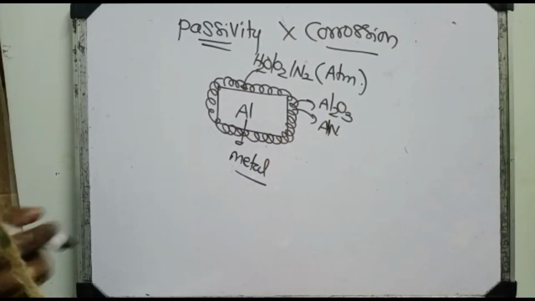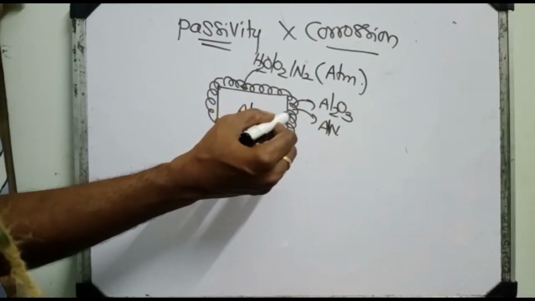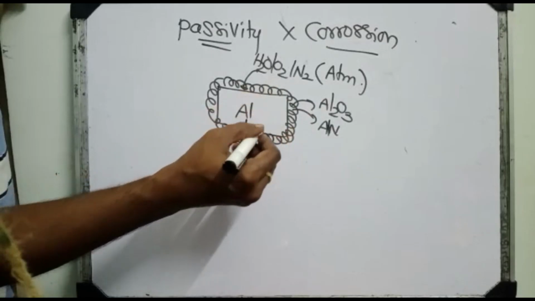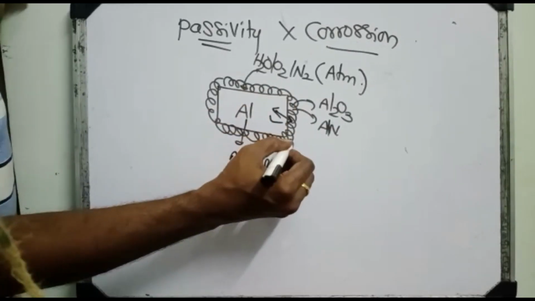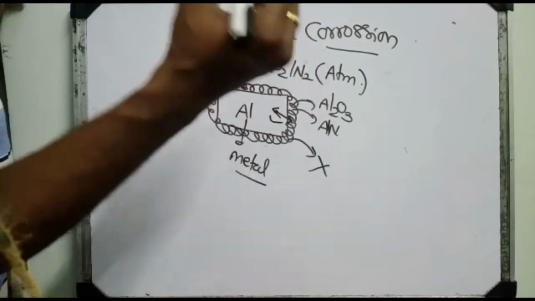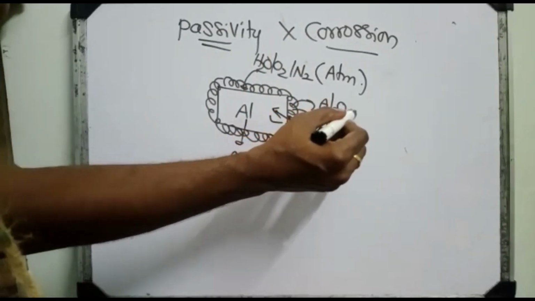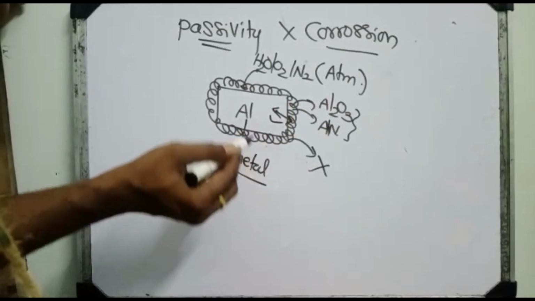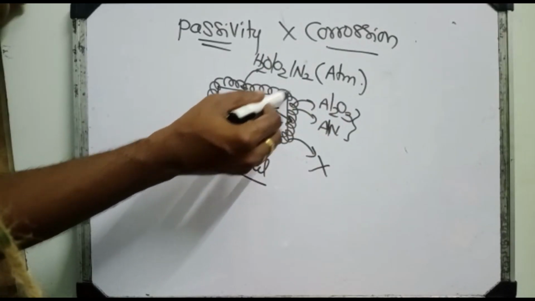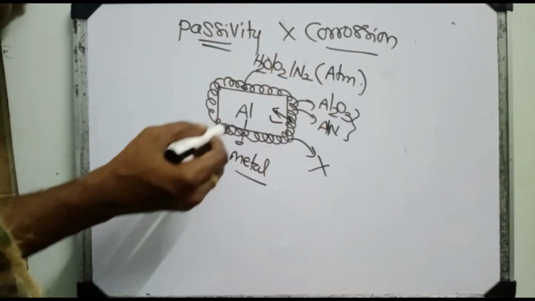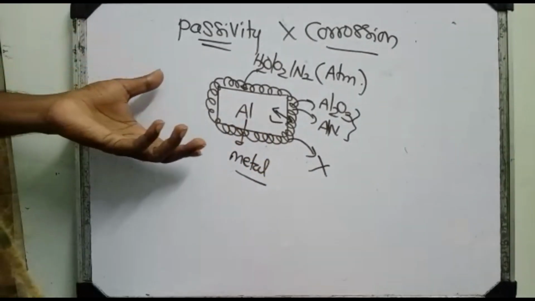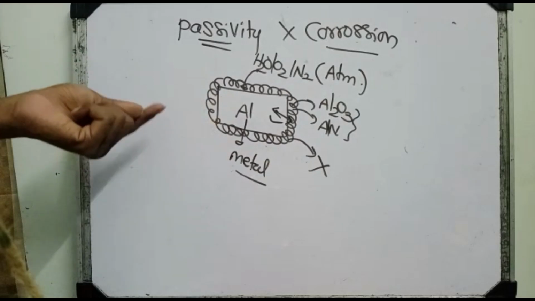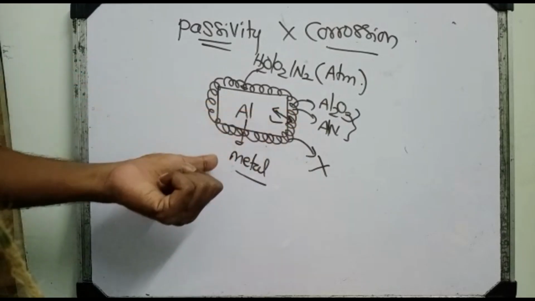After formation of this compound on the surface of aluminium, the attraction is strong. So this material does not come outside. These compounds not coming outside means the inner aluminium is not exposed to the atmosphere, so the aluminium is safe. The best example is our current wires, which are aluminium wires only.